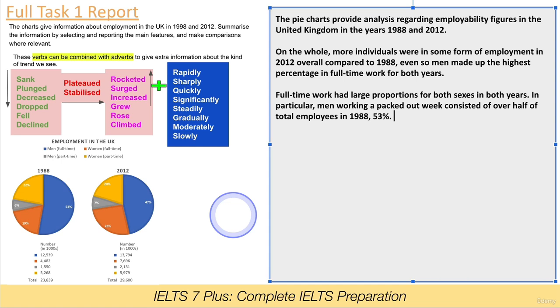And this figure was, we can have a look down here, 12,539. This accounted for 12,539 staff members.